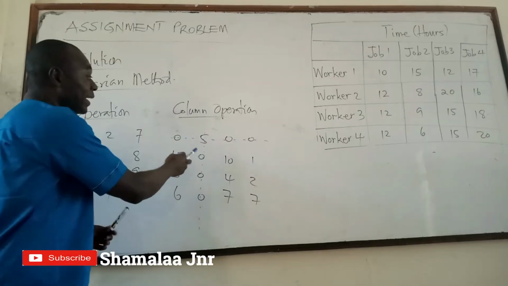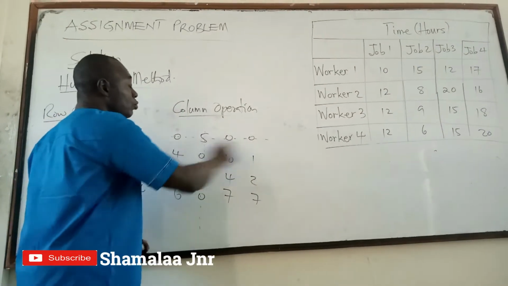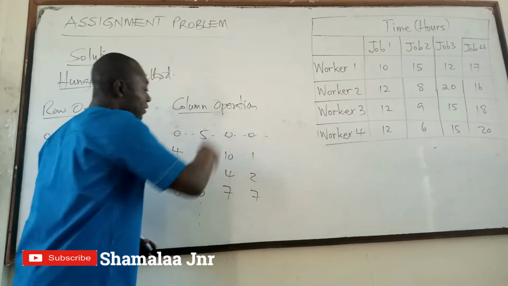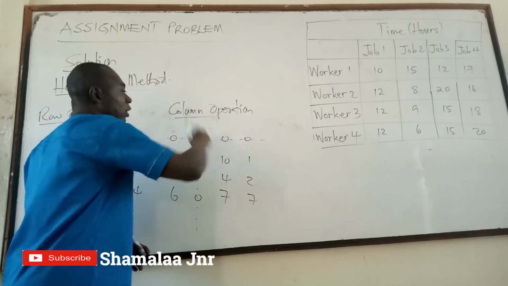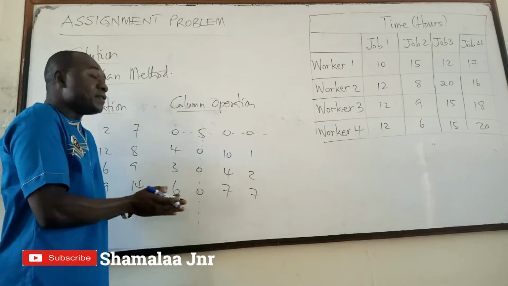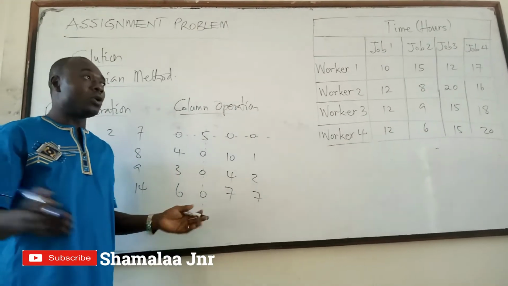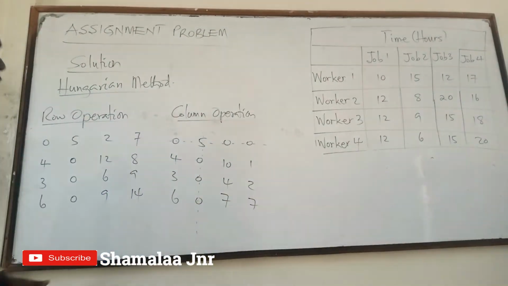Here clearly you can see the number of lines is 2. There are how many rows? 1, 2, 3, 4. And then 4 columns. So the number of lines is not equal to the number of rows or columns. So we have to continue.